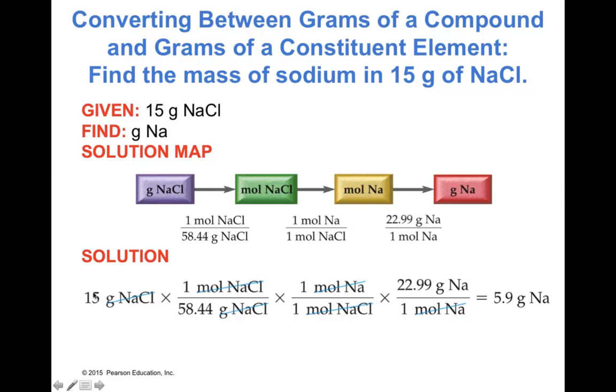So we can multiply 50 times 22.9 divided by 58.44, and that will be the mass of sodium that we can obtain from 50 grams of sodium chloride. So for each 50 grams that we eat every day of sodium chloride, from those 50 grams, 19.6 grams are from sodium.